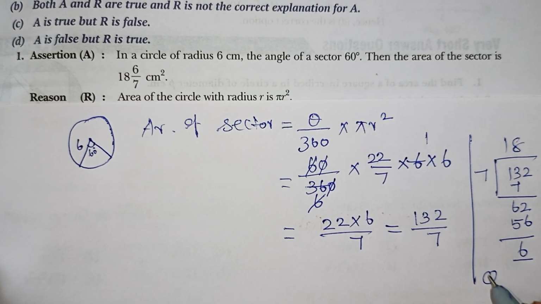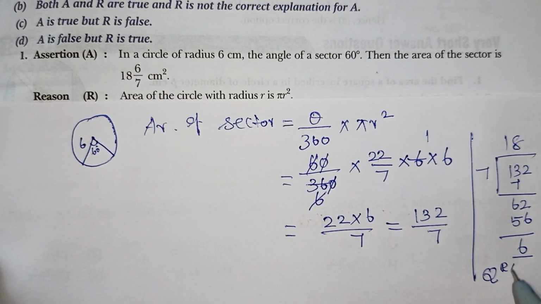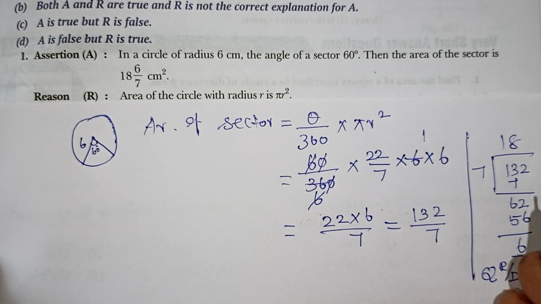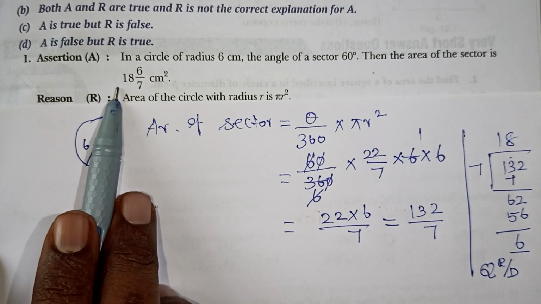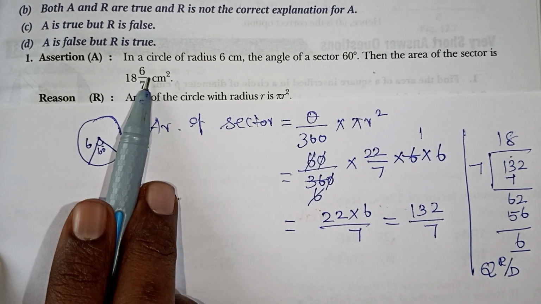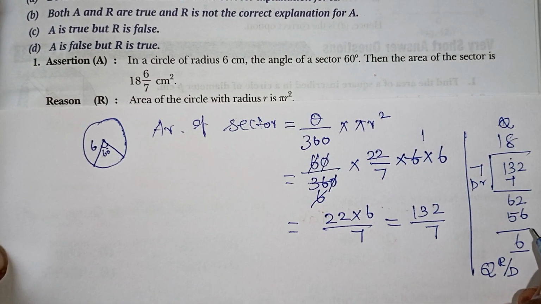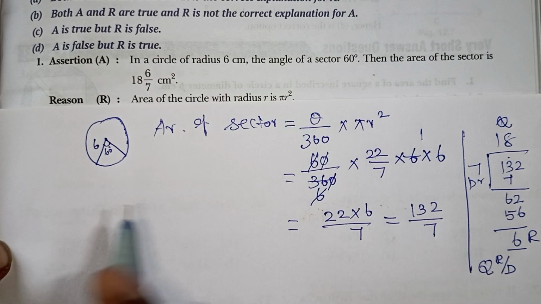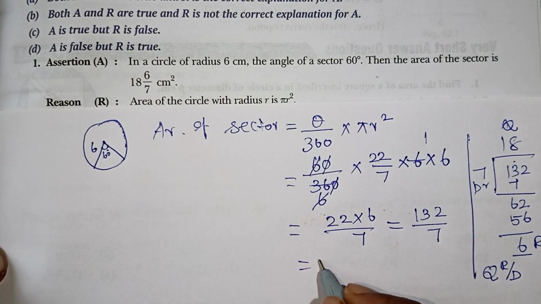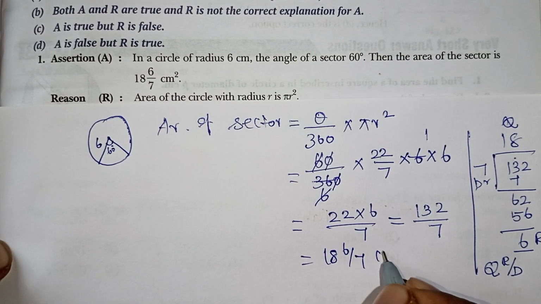We write quotient, remainder by divisor. Here our quotient is 18, remainder is 6 and the divisor is 7. So they have given the answer correctly as 18 6 by 7 centimeter square.